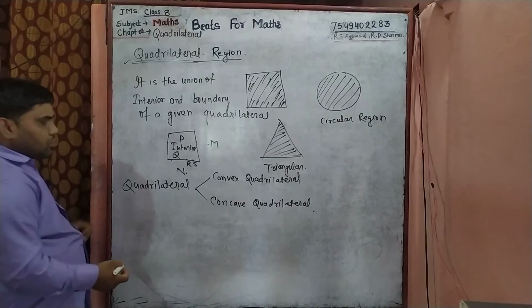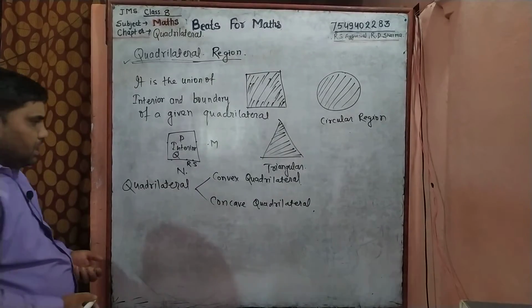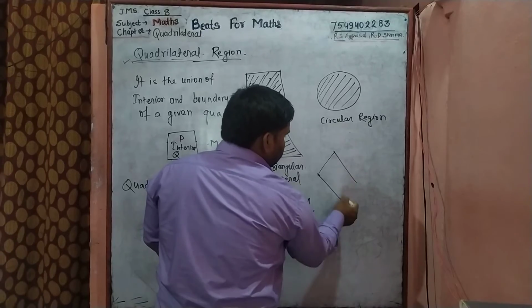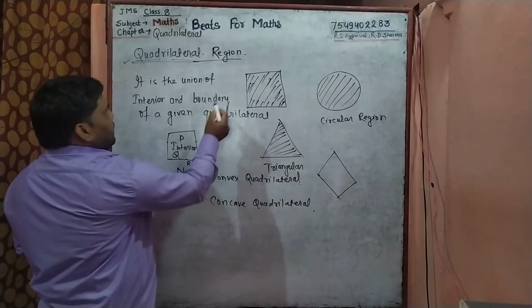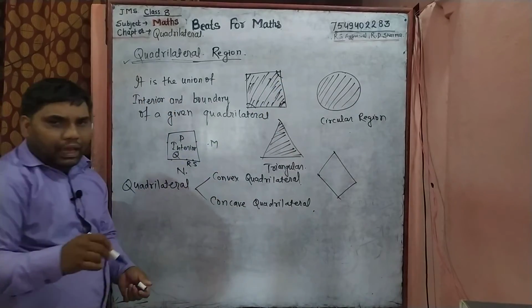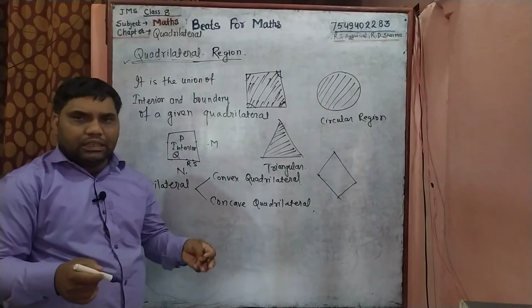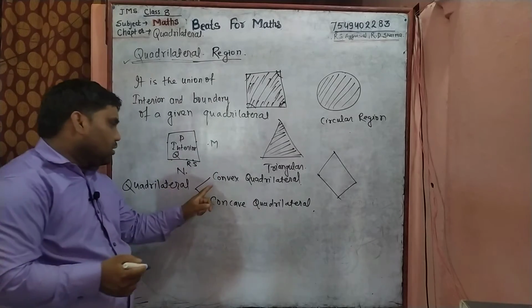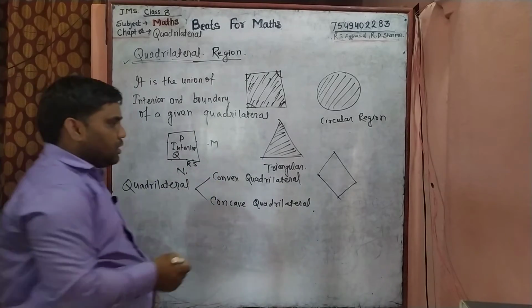So convex quadrilateral, what is a convex quadrilateral? If all the angles, these are the angles 1, 2, 3, 4, if all angles are less than 180 degrees, then it would be called a convex quadrilateral.